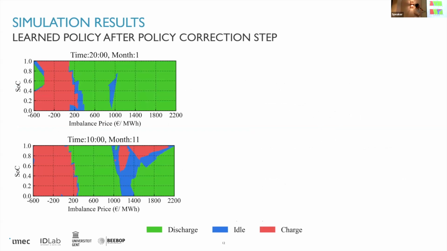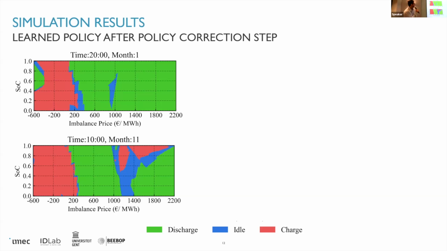As an example, I took two time steps and plotted our policy heat map. In this policy heat map, the x-axis shows the imbalance price, and the y-axis shows the SOC.